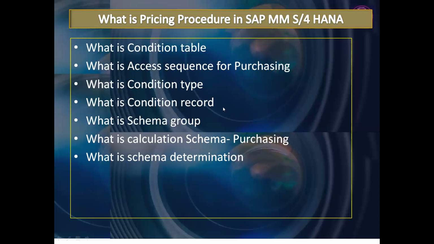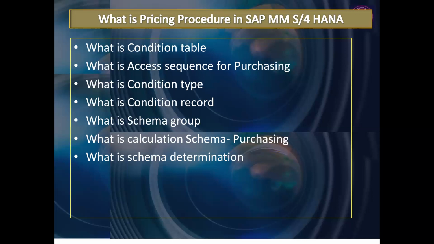Once we have done all this activity, let's move to the condition record. What is a condition record? It is a set of records maintained against the condition table, whatever condition table we have.